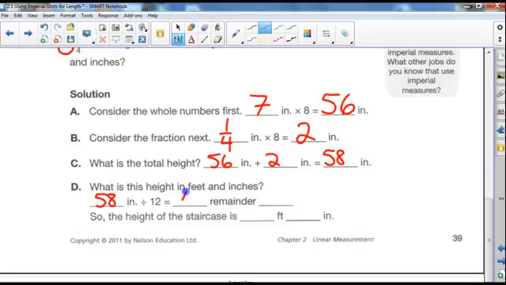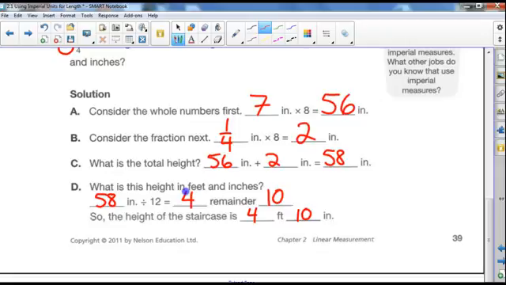Okay, we have 4 feet. So 4 feet, if we multiply 4 times 12, we end up with 48. And the difference between 48 and 58 is 10. So we have 4 with remainder of 10. So the height of the staircase in feet and inches, 58 inches, is the same as 4 feet, 10 inches. Okay?